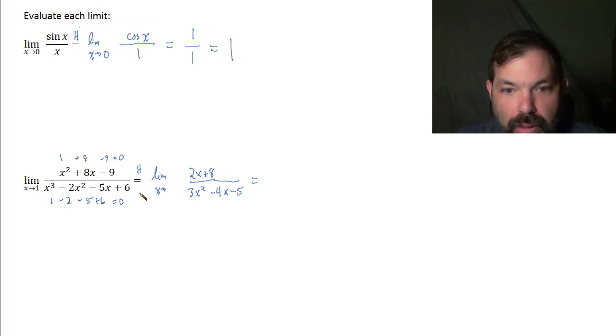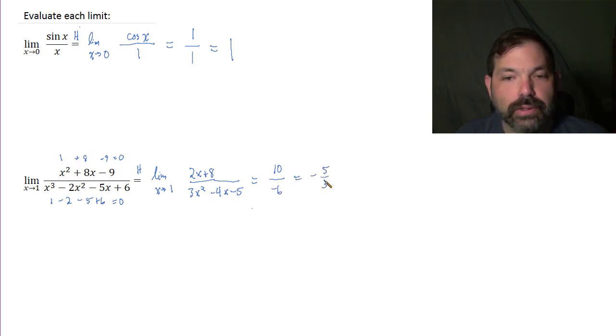Sorry about that. Then that would give us 10 over 3 minus 4 is negative 1, minus 5 is negative 6, so negative 5 thirds. All right, so in both of these situations, if we try direct substitution, we got a 0 over 0 indeterminate form. We apply L'Hopital's rule and go from there. Let's see some more examples.